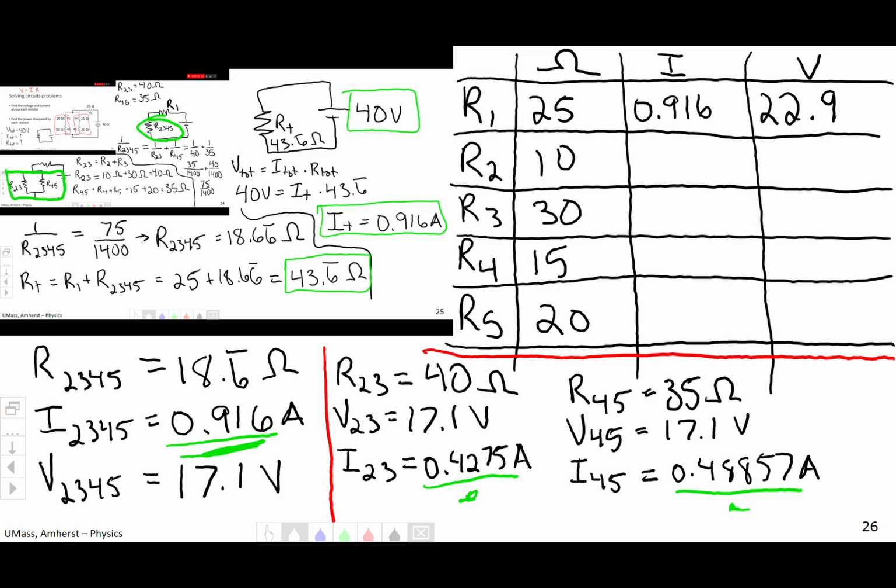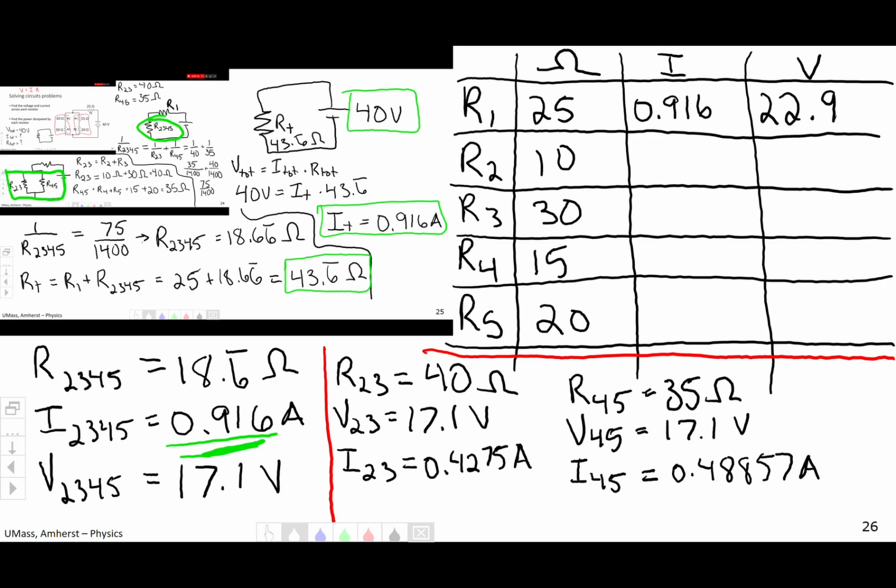And if we do that, 0.4886 plus 0.4275, yep, indeed we get 0.916 something. So we're close, because I had to truncate my decimal somewhere in there. All right, so we're good. Sanity check. Hooray, sanity check. That is an 8.